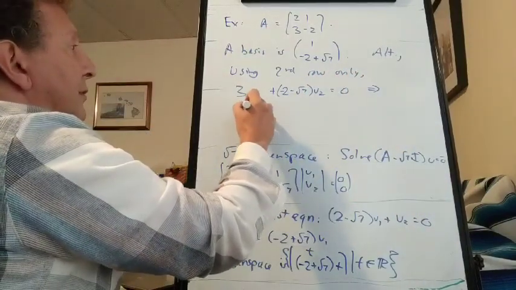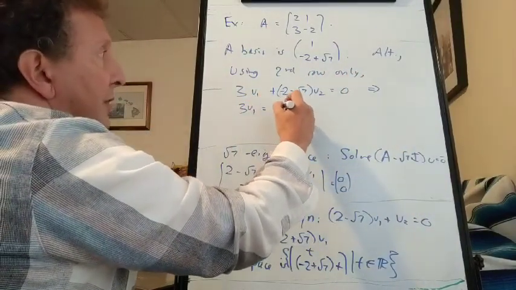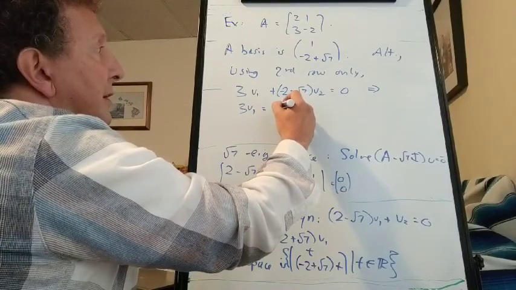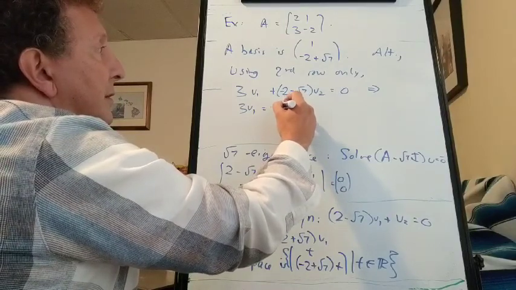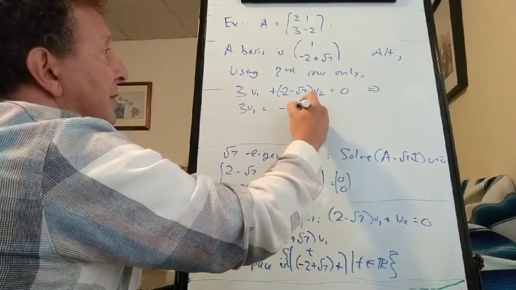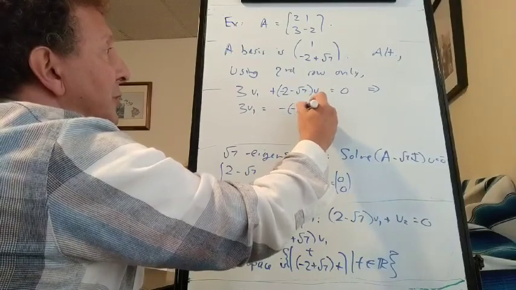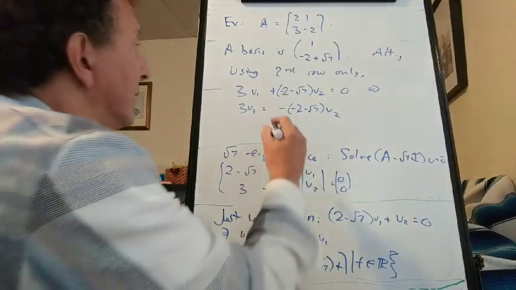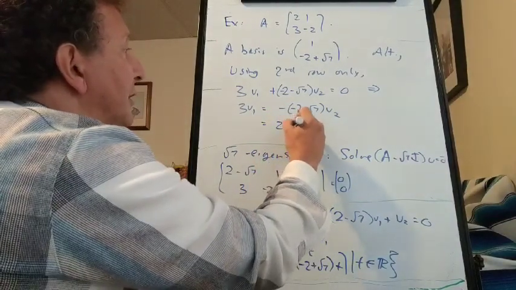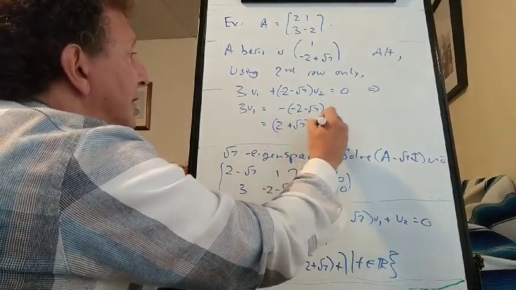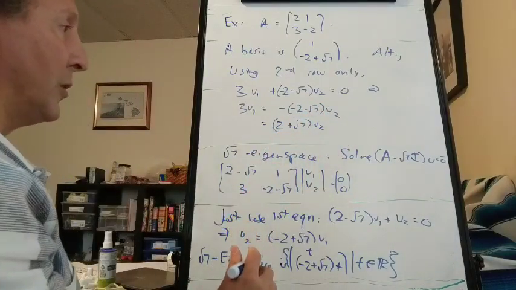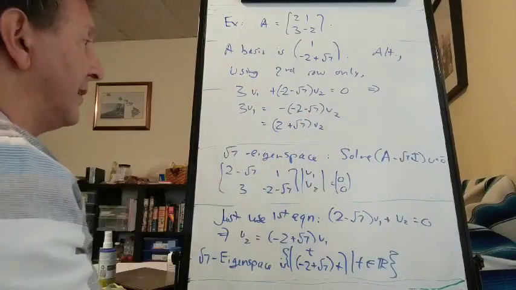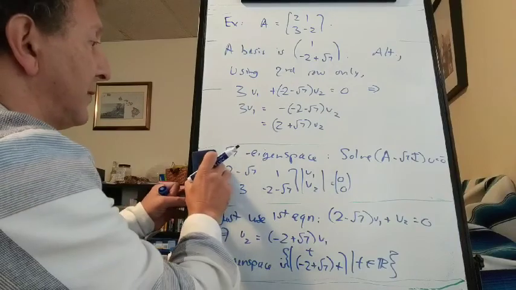That's the same as saying 3 v1 equals negative 2 minus root 7 times v2, which is 2 plus root 7 times v2. So we get it as a root 7 eigenspace.